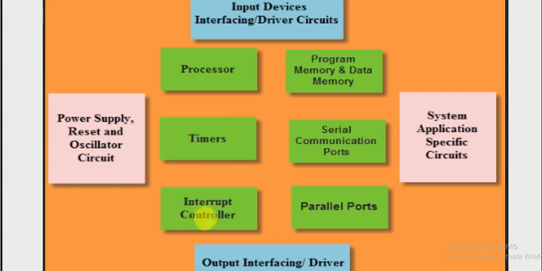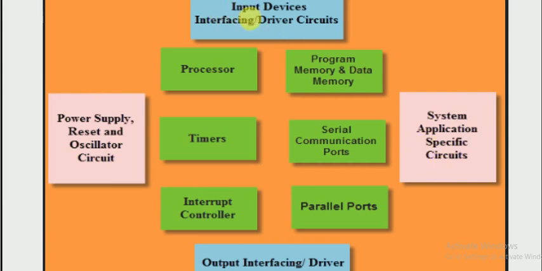There are the interrupt controller, program memory and data memory, serial communication port, parallel ports, power supply, reset and oscillator circuitry, and the system application specific circuit, which is the type of function we want to perform.